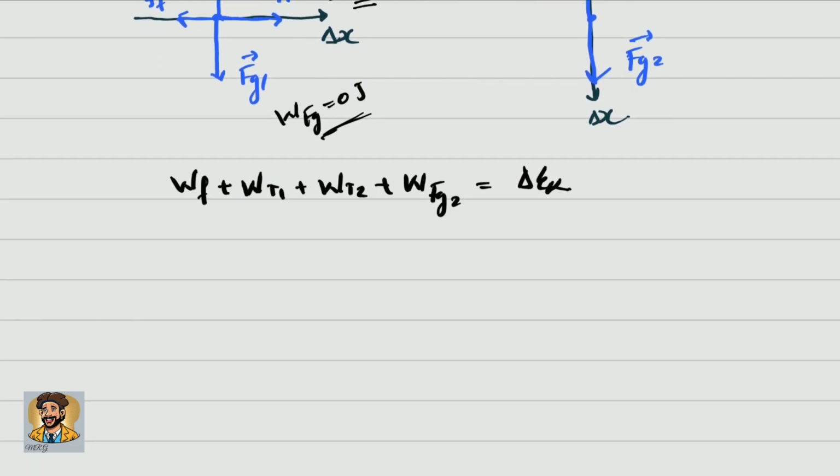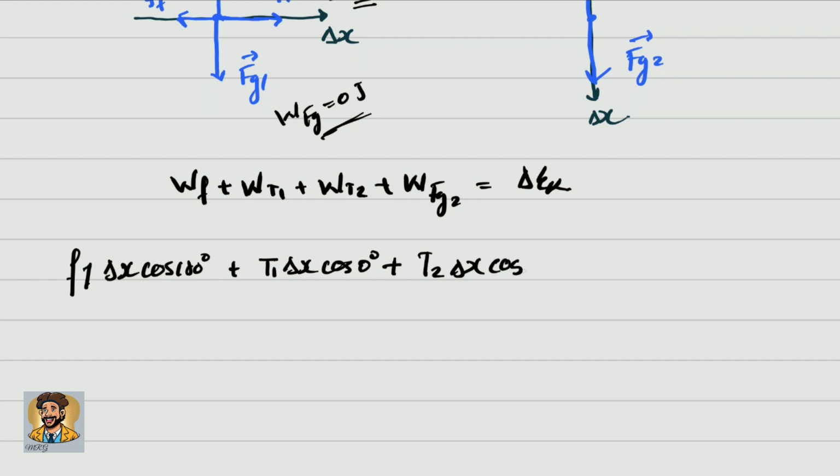So we go further and substitute the formula for the work done by each of them. Friction multiplied by the displacement multiplied by the cosine of 180 degrees, plus T1 displacement cosine of 0 degrees, plus T2 displacement cosine of 180 degrees, plus m2 g displacement cosine of 0 degrees, and this is equal to the change in kinetic energy.